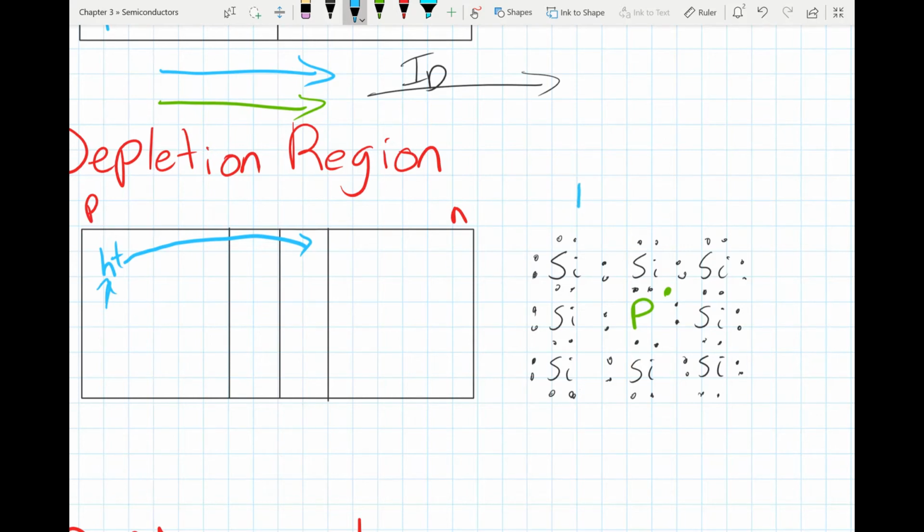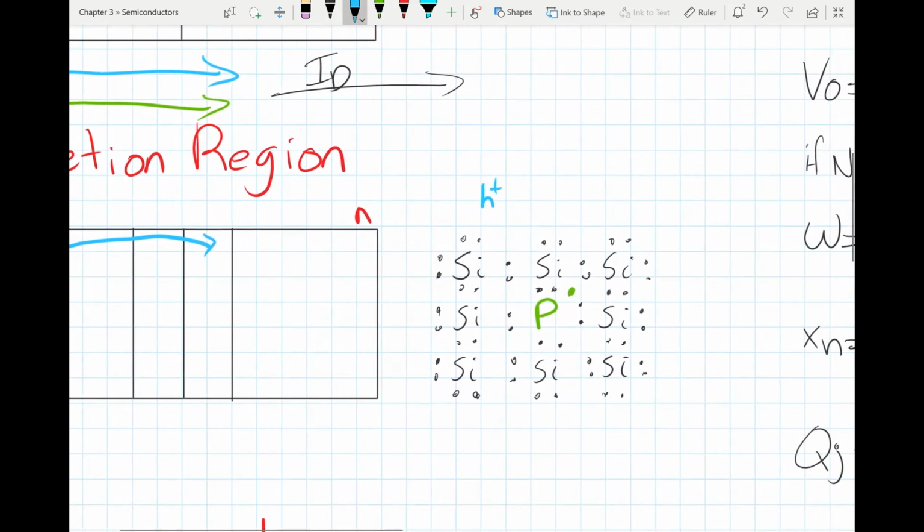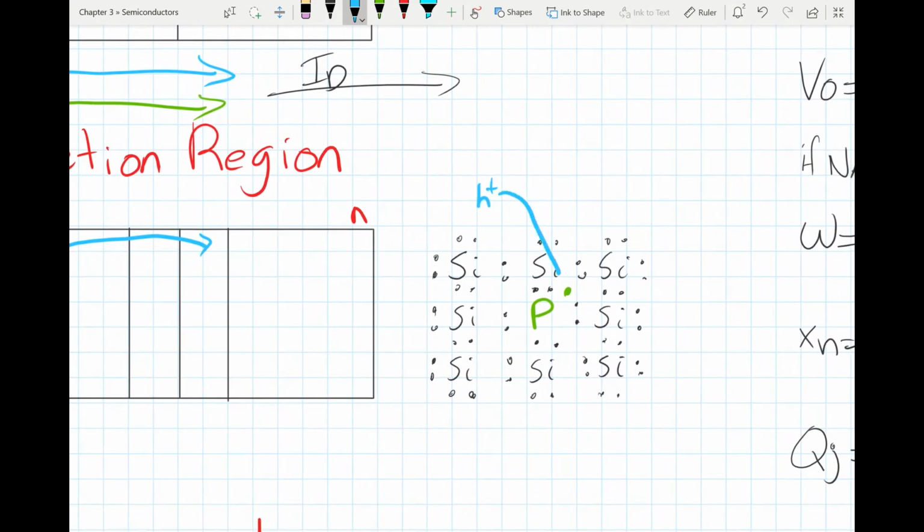I'm going to draw it right here. This hole travels from the p side into the n side, and it's going to want to recombine with this electron right here. After that recombination happens, this phosphorus is left behind with a positive bound charge. And remember, bound charges don't move.